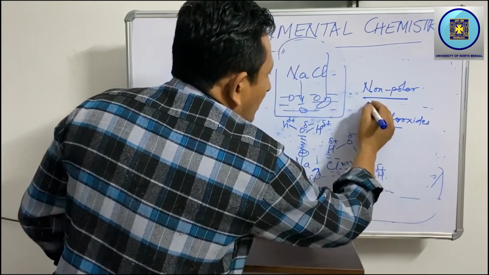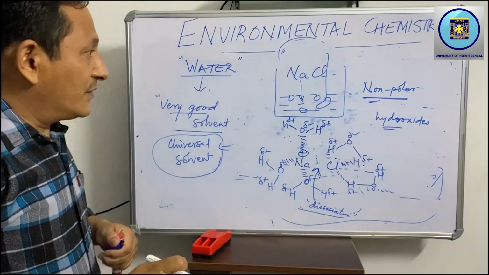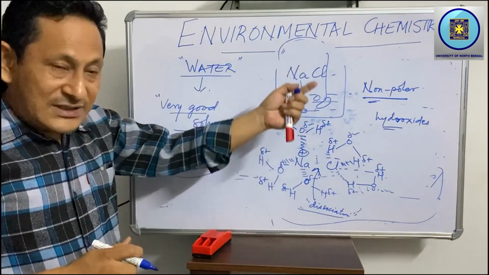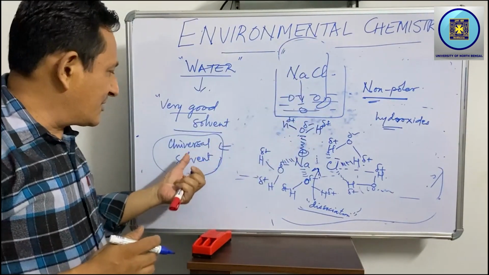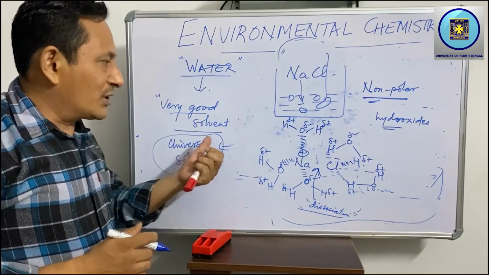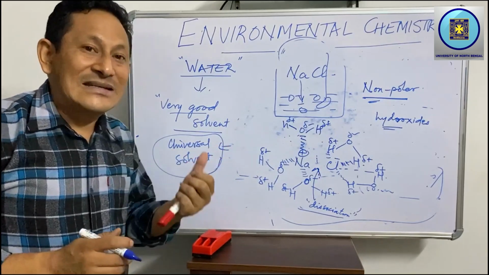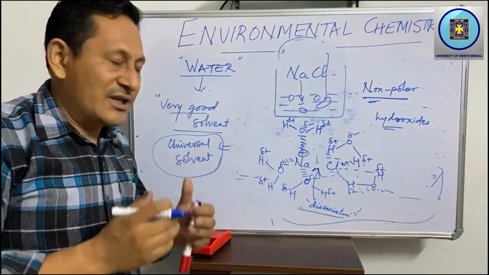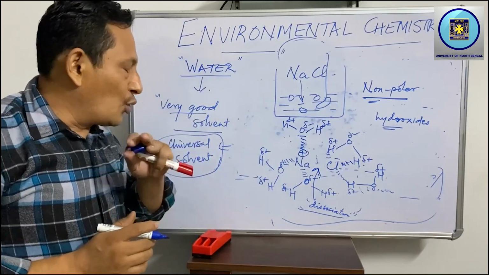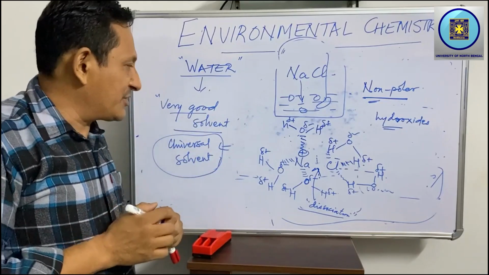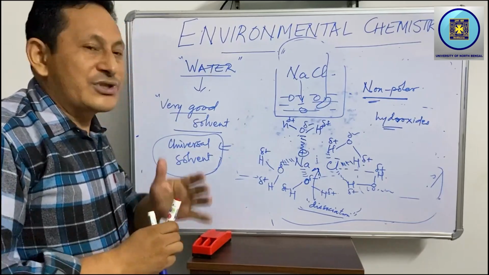These are insoluble in water. Then why do you call it a universal solvent? We call water a universal solvent because it can dissolve most of the substances that are present in nature. No other solvent has this capacity to dissolve most of the compounds.